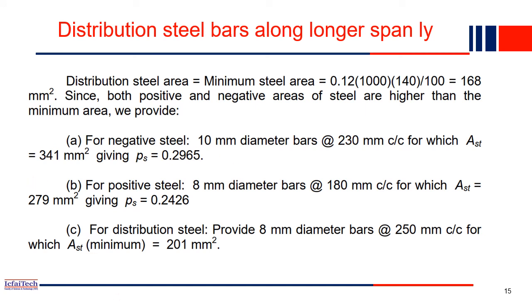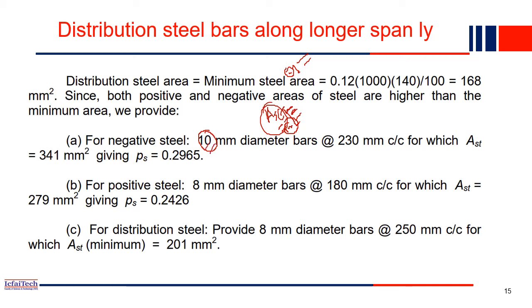In the last slide, basically what we computed is the AST value. This AST value is per 1 meter width of the beam. From that we compute that a 10 mm bar is required. If you provide a 10 mm bar, then what could be the spacing? The total width is 1 meter. How many 10 mm bars do we need to provide?